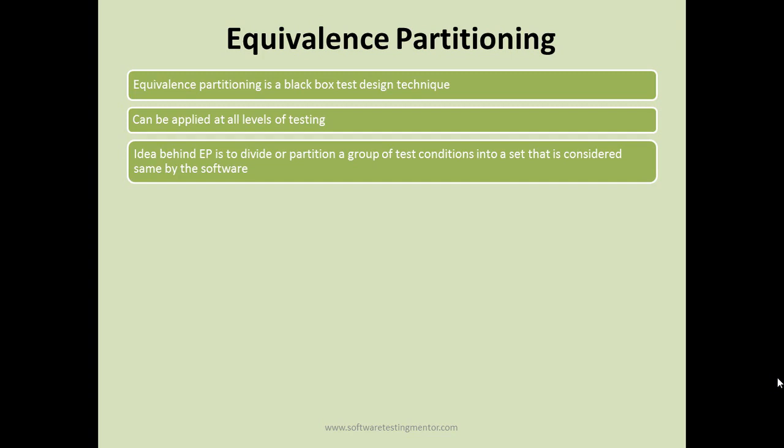As the name equivalence partitioning is pretty self-explanatory, since the text field in the software accepts a range of numbers from 1 to 100, this range between 1 to 100 is a valid partition. You design your test cases by partitioning into valid and invalid partitions.